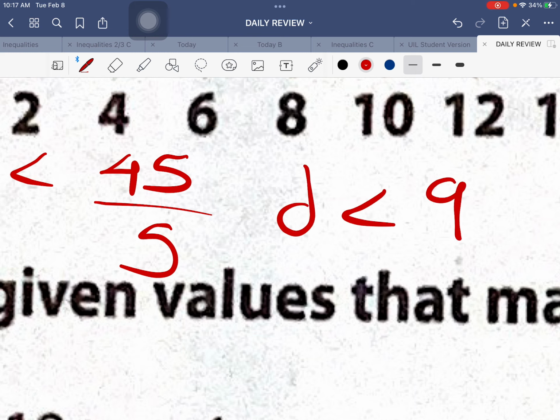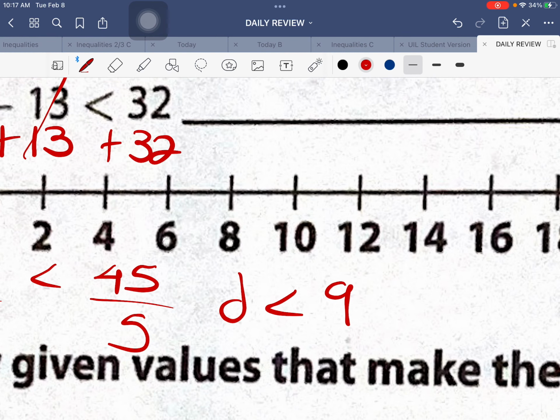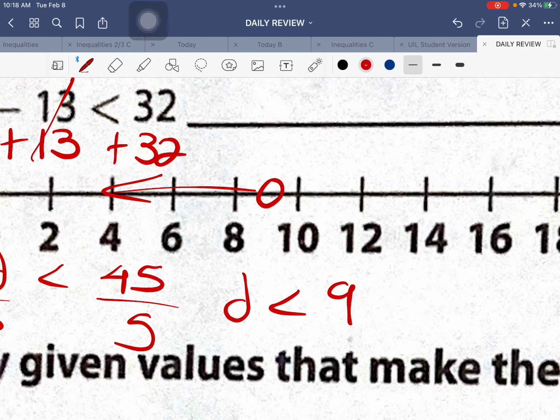Is less than. Okay, is it open or closed? Open. Open is in between 8 and 10. And what way is it going to go? If it's less, ¿a qué lado se va a ir? Left. Okay, this you already have, correct? D is less than 9. You already have it? Good.